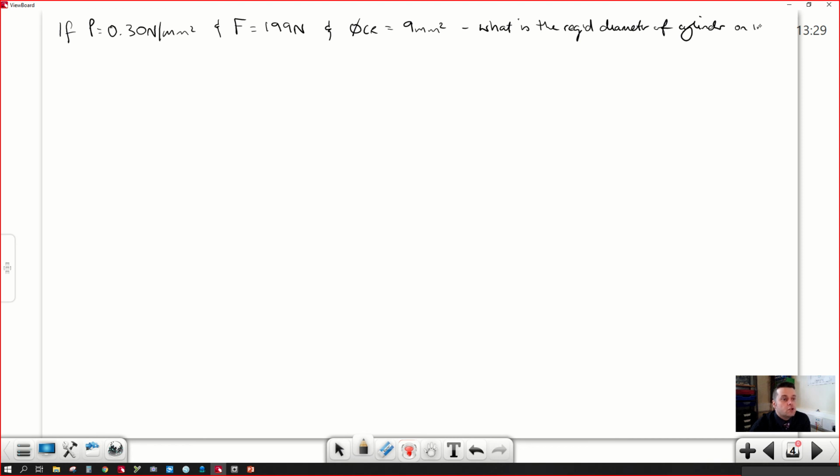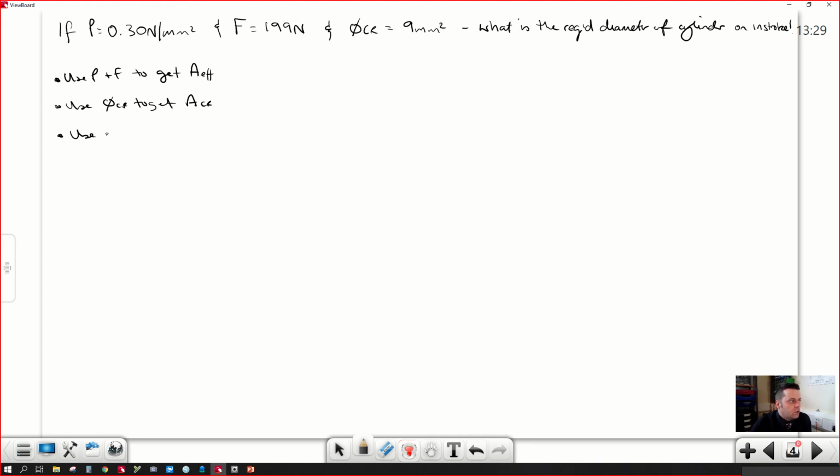On in-stroke. So what we're going to do, I'll write out bullet points first. We're going to use P and F to get the effective area. And then we're going to use the diameter of the cylinder rod to get the area of the cylinder rod.